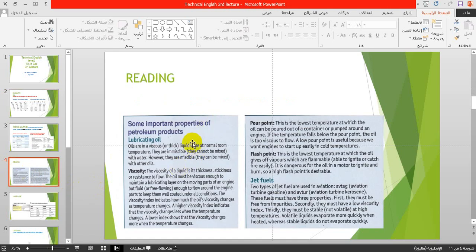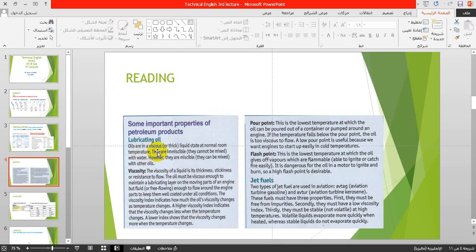Some important properties of petroleum products. Properties here means characteristics. Lubricating oil.